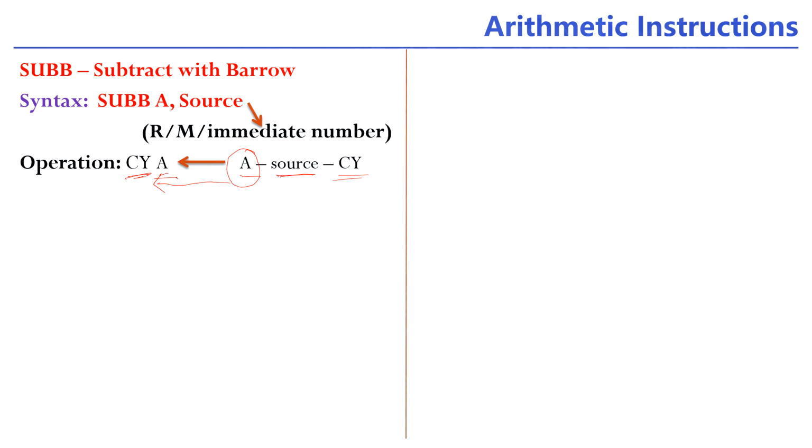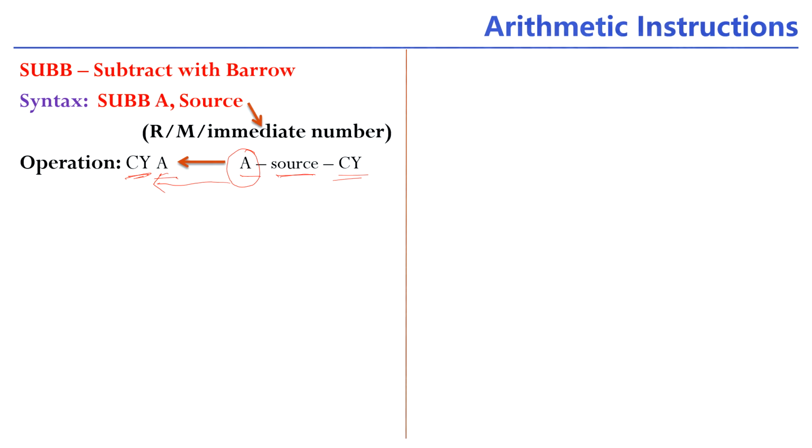But in the 8051 microcontroller, there is no subtractor circuitry. So it uses only adder circuitry to perform the subtraction. When it uses the adder circuitry, it uses 2's complement addition.